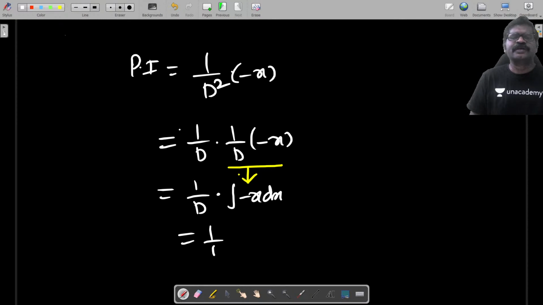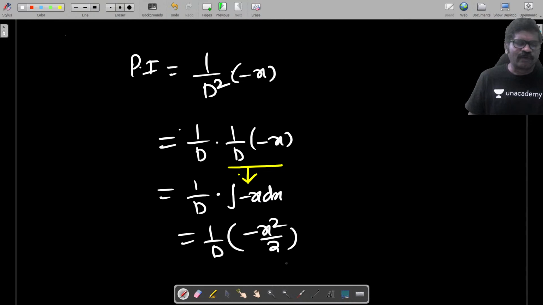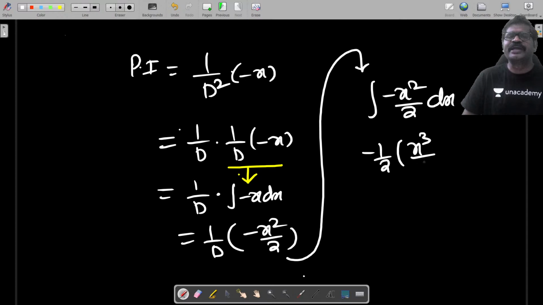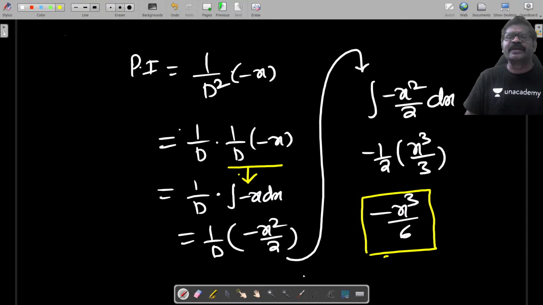That is 1 by D of minus x square by 2. 1 by D of minus x square by 2 means we have to integrate minus x square by 2 again with respect to x. Integral of minus x square by 2 dx, that is minus 1 by 2 into x cube by 3, minus x cube by 6, that is the particular integral.